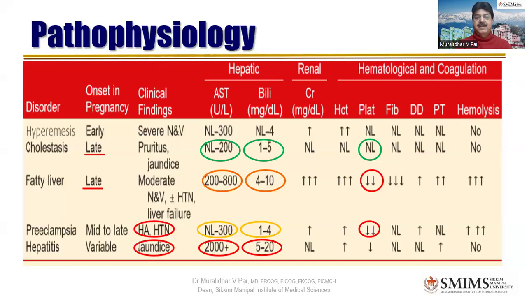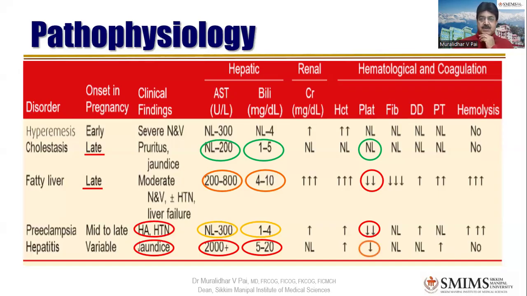Cholestasis, you see, is all green: very mild elevation of AST/ALT, mild elevation of bilirubin, normal platelets, late onset, not as deep jaundice, just an irritation, pruritus.